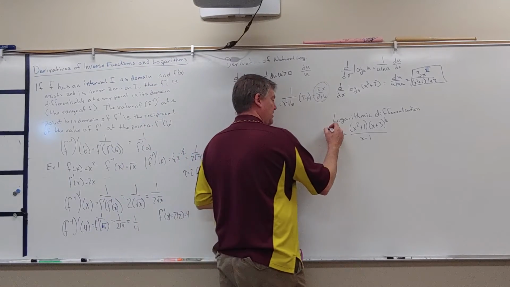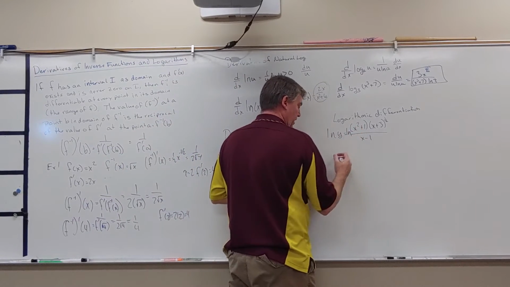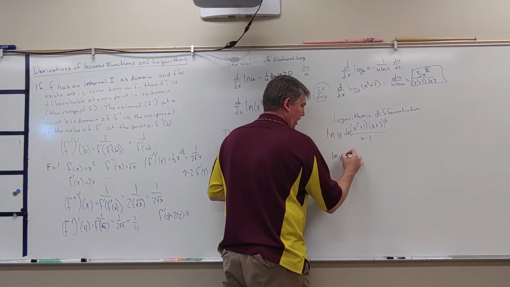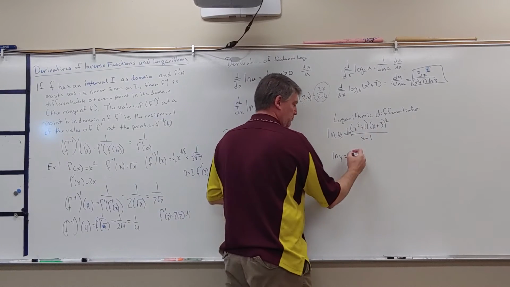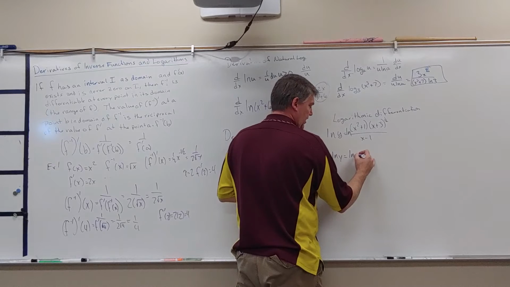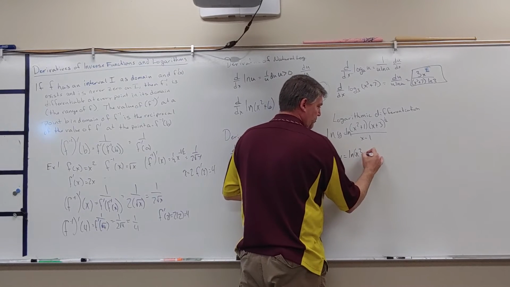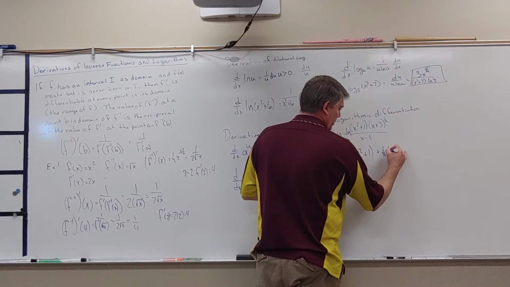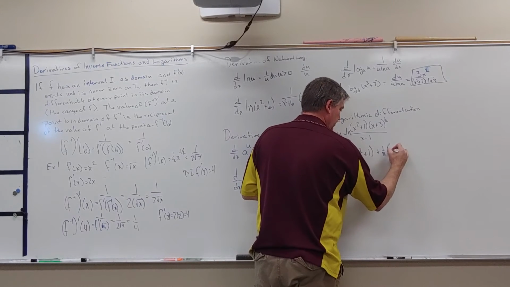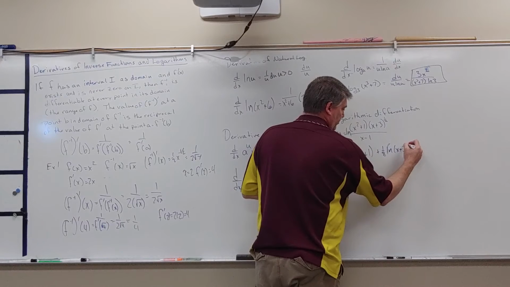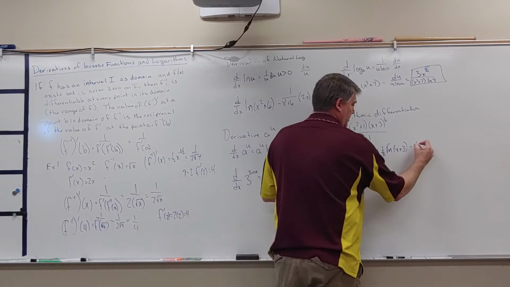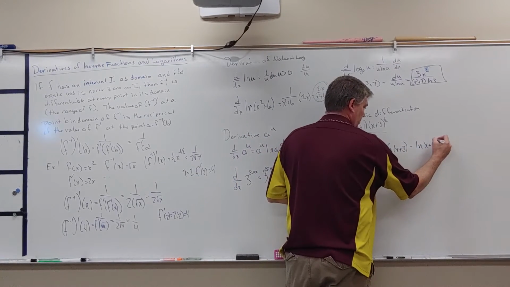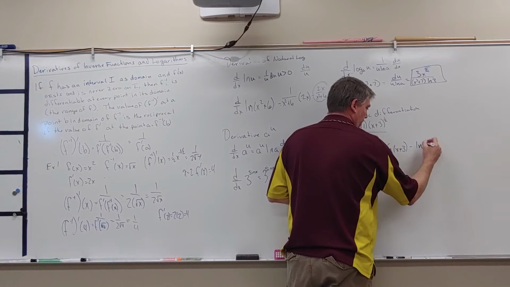If I take the natural log of both sides, I have the natural log of y equals, and now this all splits up, right? The natural log of x squared plus 1, plus 1/2 natural log of x plus 3, minus the natural log of x minus 1, right?